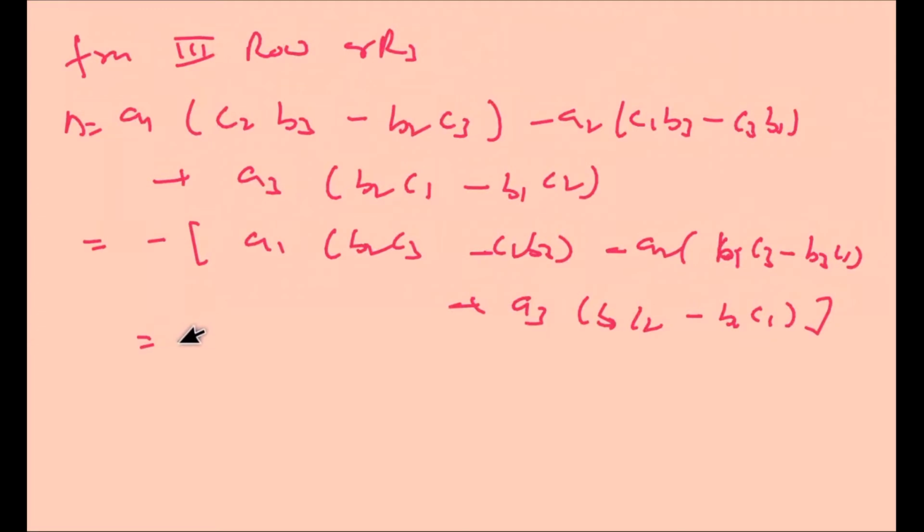So we get minus delta, that is delta dash. So delta dash equal to minus delta. So we can say that by interchanging two rows, the sign changes.